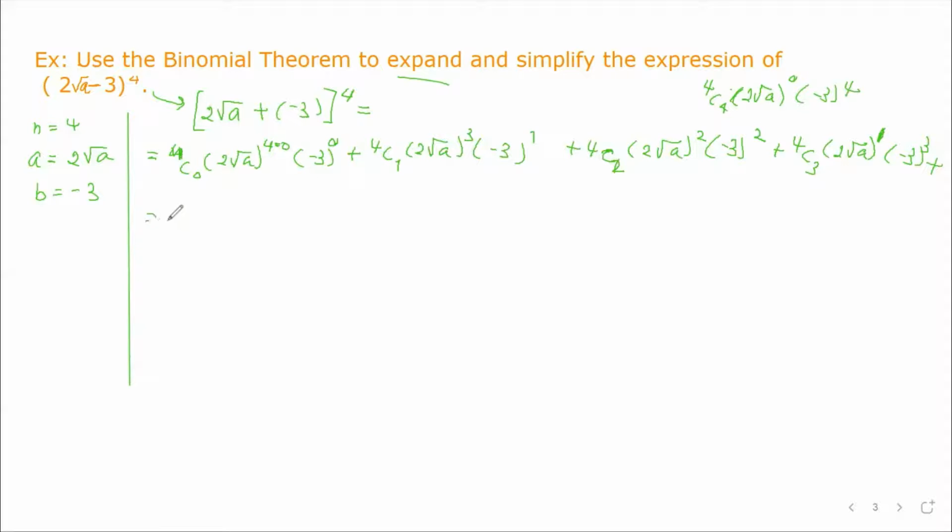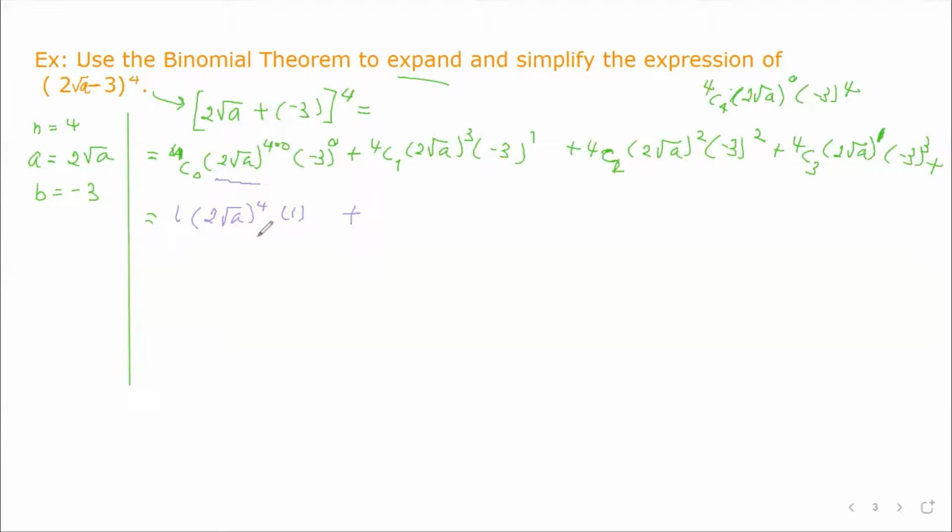And then you just simplify. 4C0 is 1. What I'd like to say is you have to be careful here. This one is 1, and this one is (2√a) power 4, and this time 1.